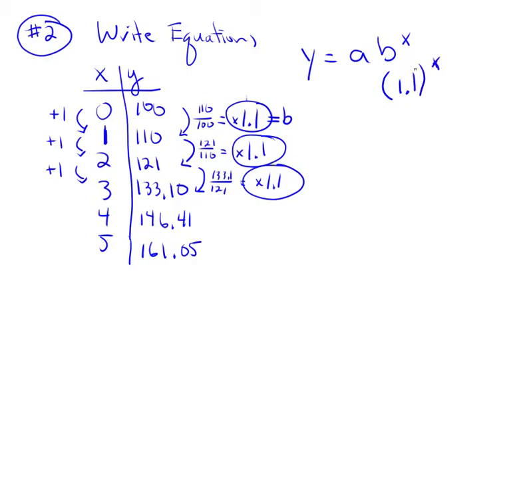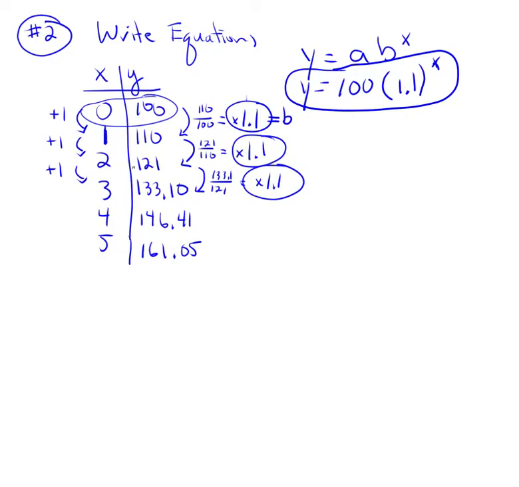X is my exponent. A is my y-intercept, and I can see that right here at the beginning of our table when x equals 0. And there is our function. And I can see it is a growth, so this is a 10% growth because I can see the 100% plus that 10%.